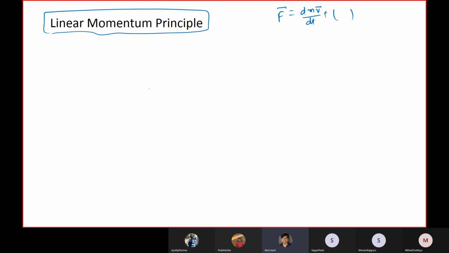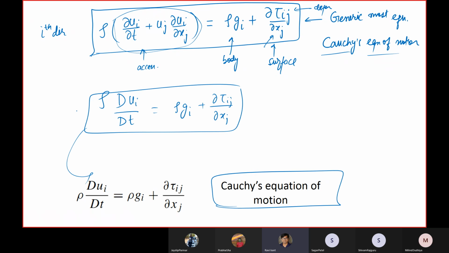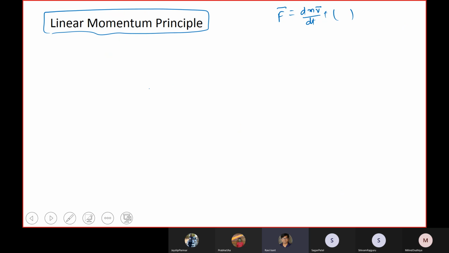How do we come up with the proper fluid mechanics conservation of momentum principle for a fluid element, taking advantage of this Cauchy's equation of motion? In order to do so, I will start with the continuity equation.